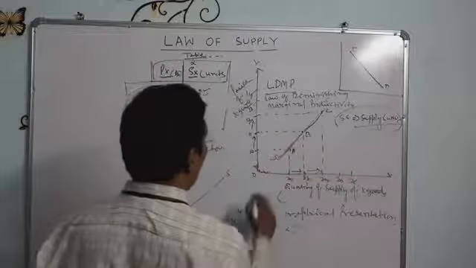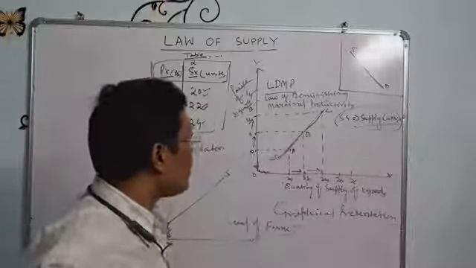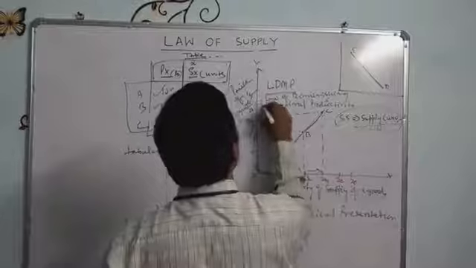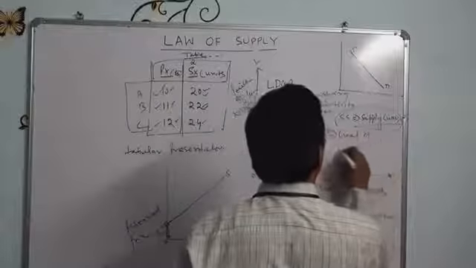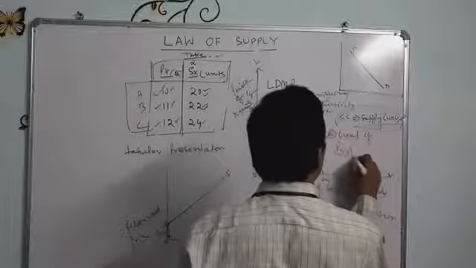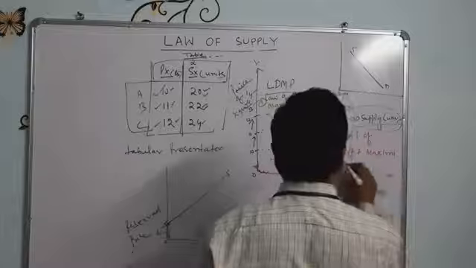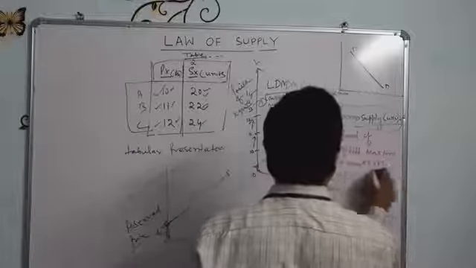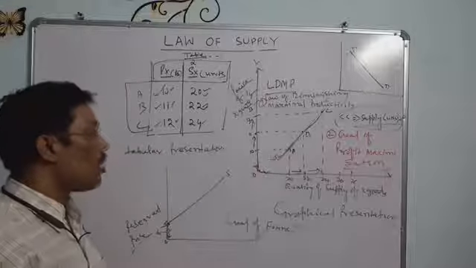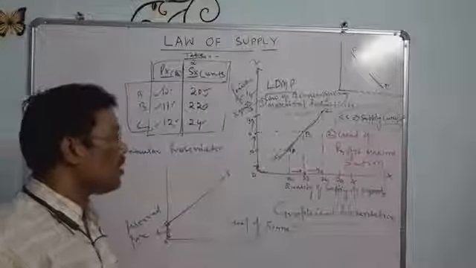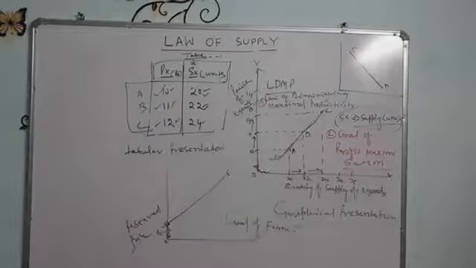The second point is the goal of profit maximization. Why does the supply curve move upwards? Because one is the law of diminishing marginal productivity, and the second one is the goal of profit maximization.